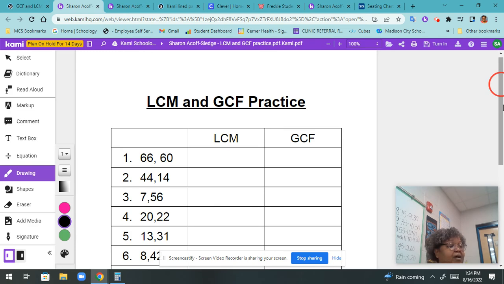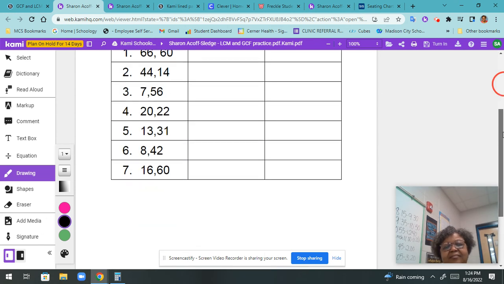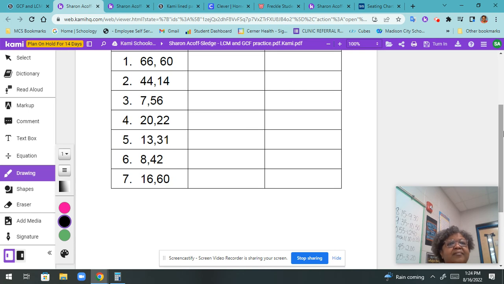Okay, so now you're going to get out some paper. You can get out another sheet of paper. If you don't have any more, I have some paper over there. Y'all, I have plenty of paper, so if you need some paper, get some paper. If you need supplies for another class, I do not have a problem with you coming here and asking me for it, okay? I have index cards, I got markers, I got all kind of stuff. Because I have wonderful friends. So you're gonna label number 1.